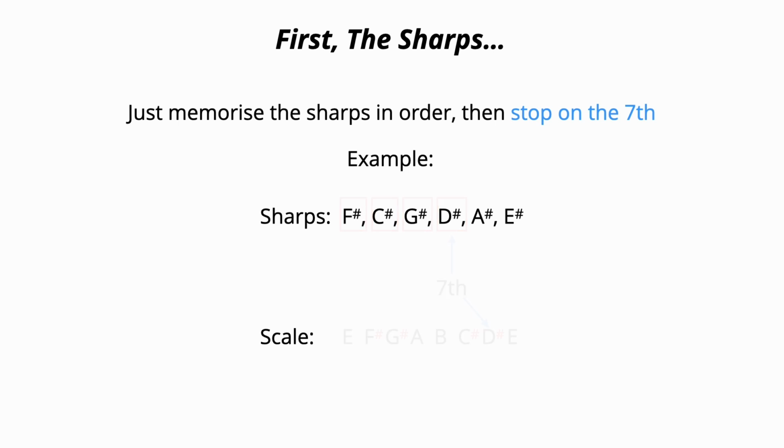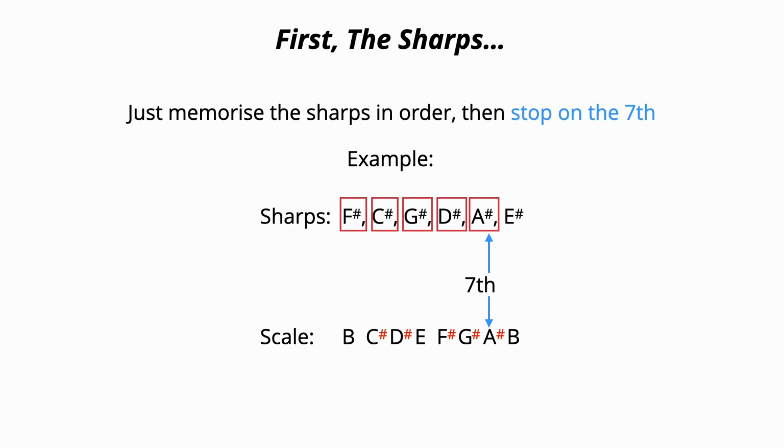Let's do the same thing with the key of B. So we recite the sharps stopping at the 7th: F sharp, C sharp, G sharp, D sharp, A sharp. There's our 7th. So we then put our sharps in our scale, F, C, G, D, A. And there's our B major scale.